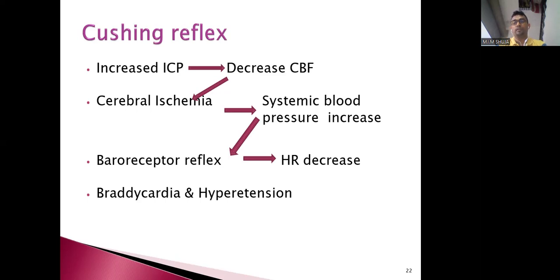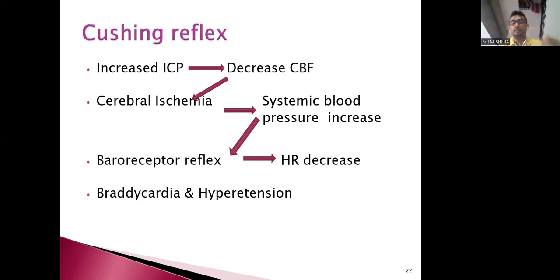So your body has to pump more blood. That means your heart is pumping more blood. So the systemic blood pressure increases, because your systemic blood pressure has to overcome the intracranial pressure, which is opposing this, to supply enough blood to the brain.